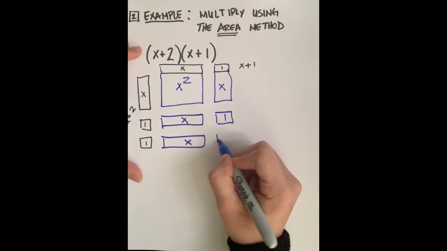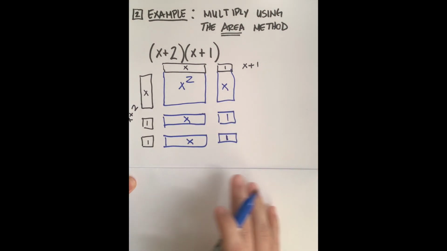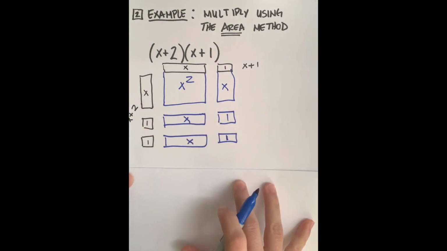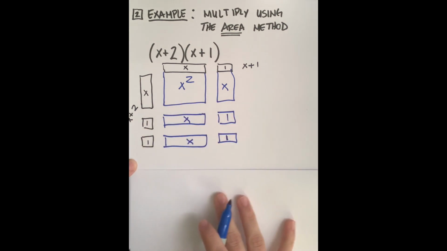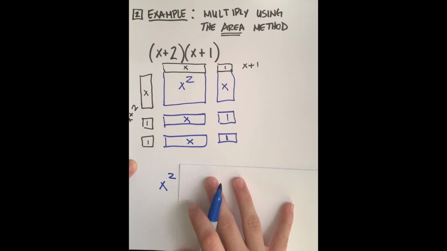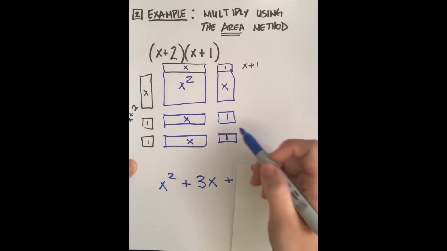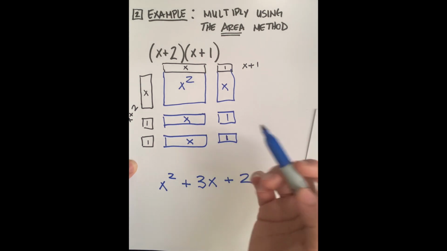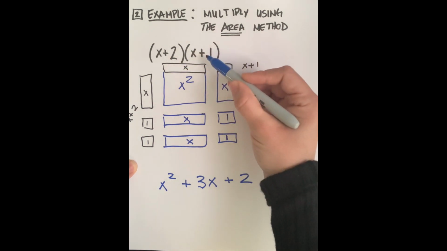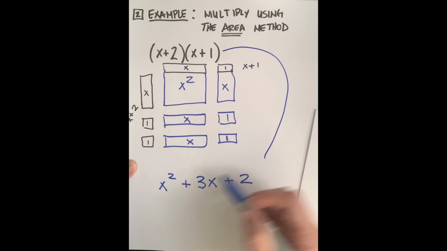And 1 times 1 would give us 1. So now we have to combine everything. That would be x squared plus 3x plus 2, which is the answer if you multiply this out.